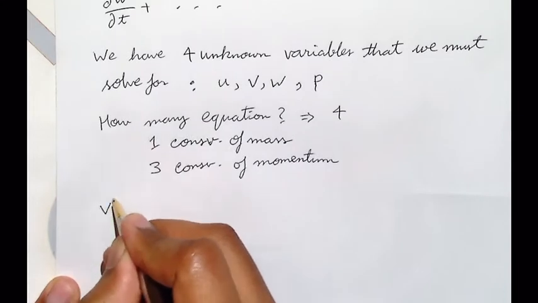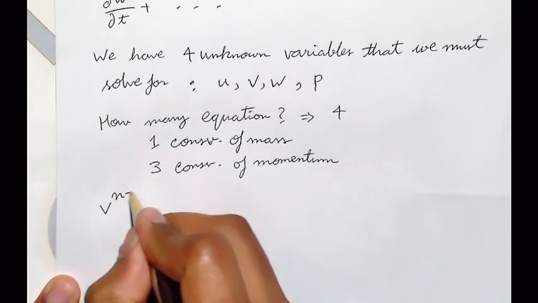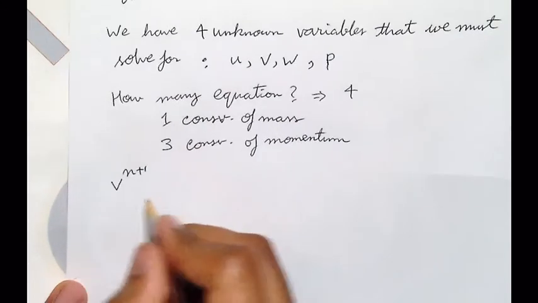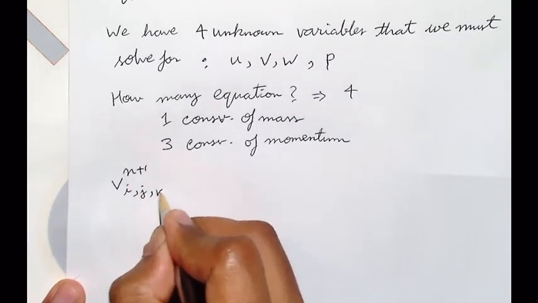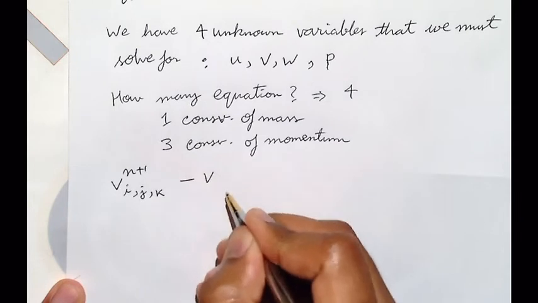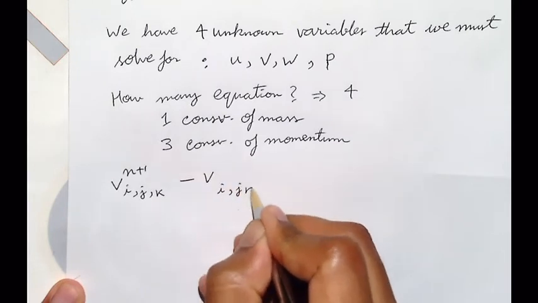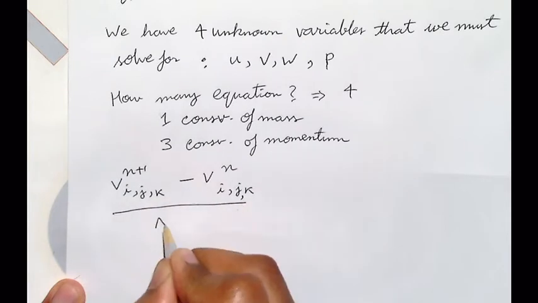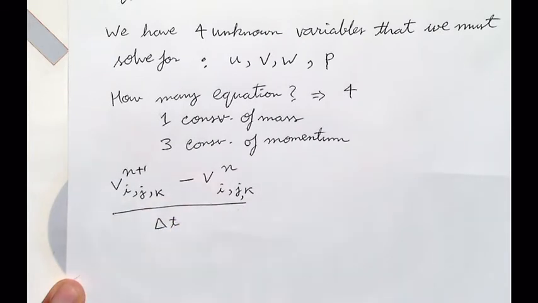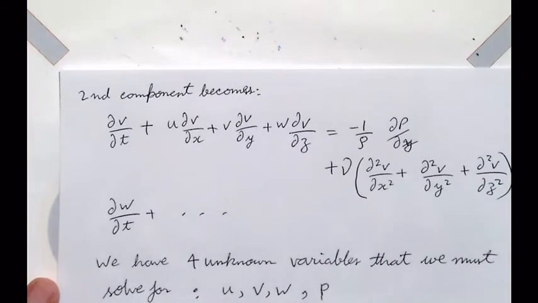V at n plus 1 at ijk minus V at ijk at time n, over delta t, that equals plus u del v del x.